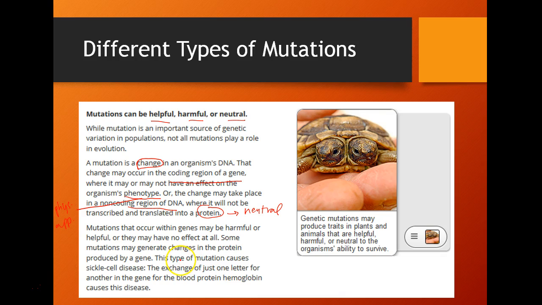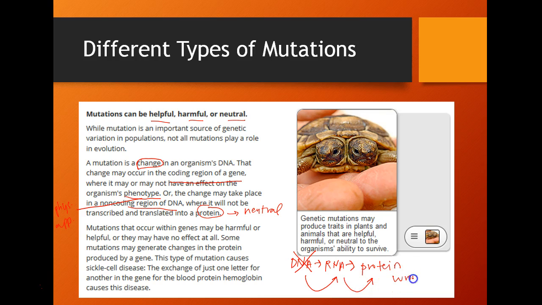Some mutations may generate changes in the protein produced by the gene. Because remember, we use DNA to make RNA, and then that gets translated into protein. This is the central dogma. So if we mutate our DNA, there's a problem with our DNA, then there's going to be a problem with the RNA, and then there's going to be a problem with the protein.